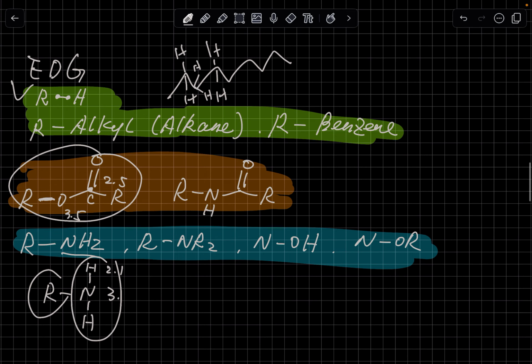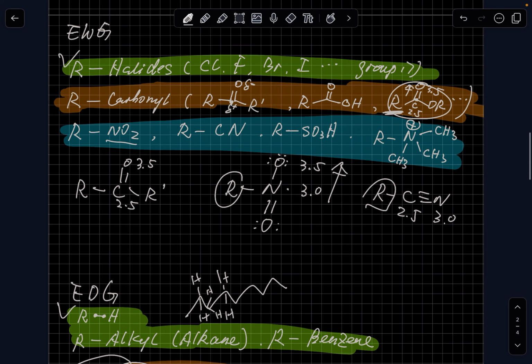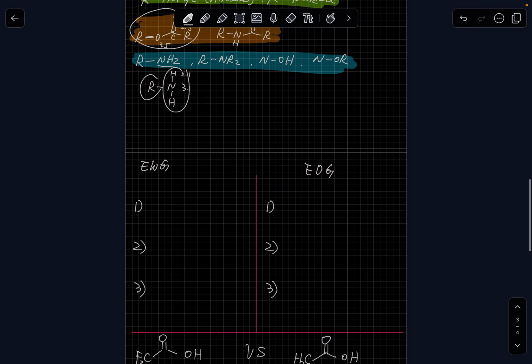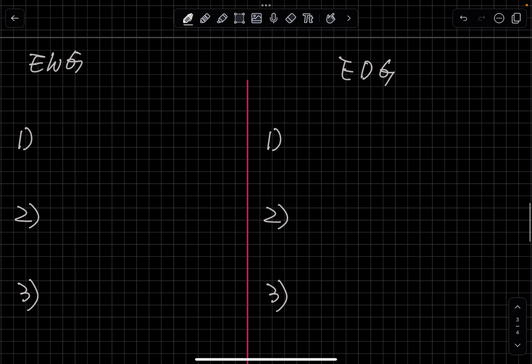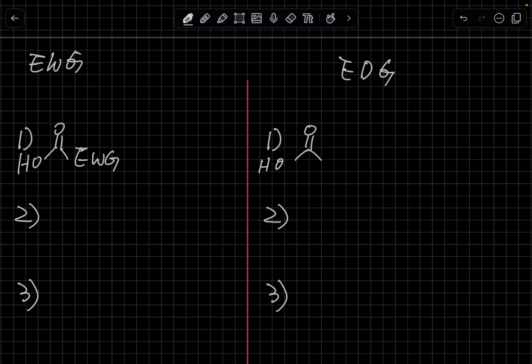So this is a good way for you to look at an electron donating group versus an electron withdrawing group. Now let's talk about acidity. If I have this thing connected to an electron withdrawing group, versus this thing connected to an electron donating group, let's say this is compound A and this is compound B. Which is more acidic?